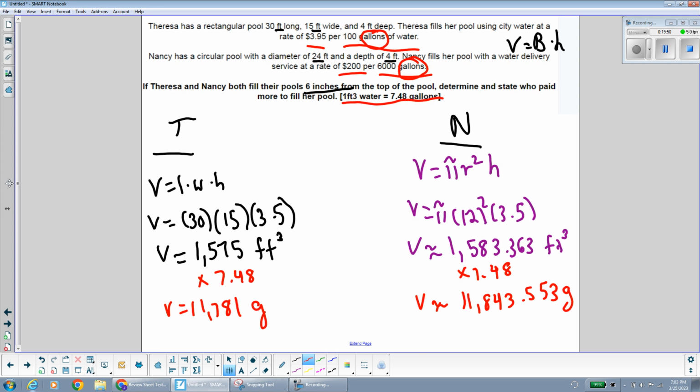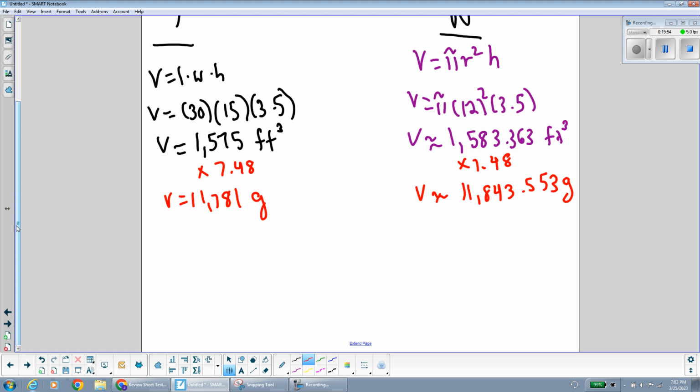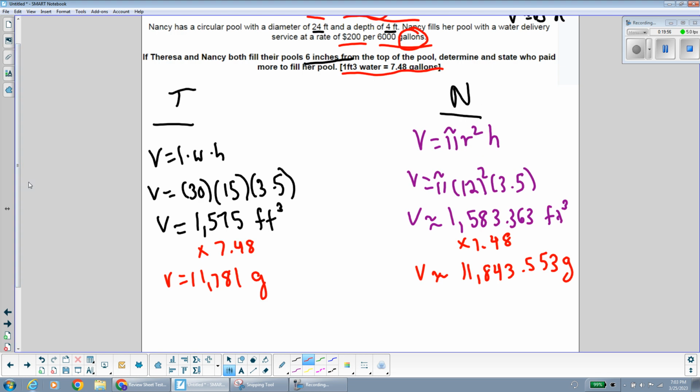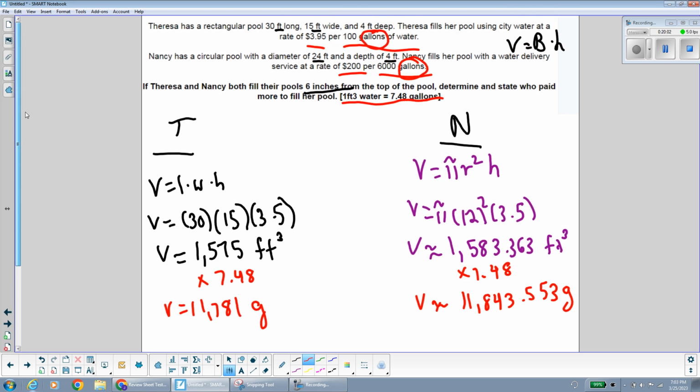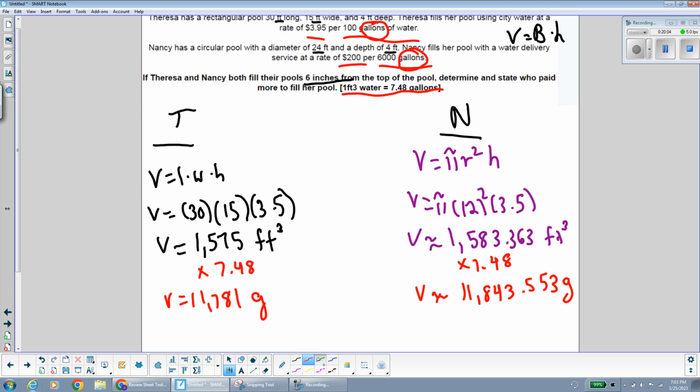Now, the price that they're paying is not for 1 gallon. Teresa's paying $3.95 for 100 gallons, and Nancy's paying $200 for 6,000 gallons. So what I'm going to do now is divide by 100 here, and divide by 6,000 here. Let me do that on my calculator.